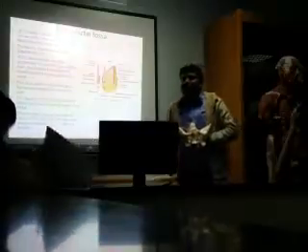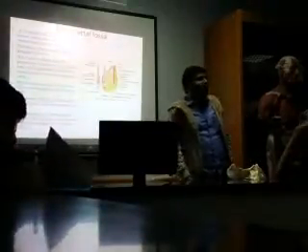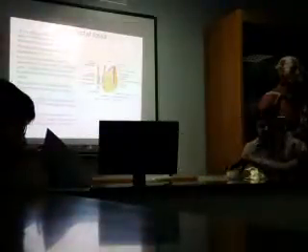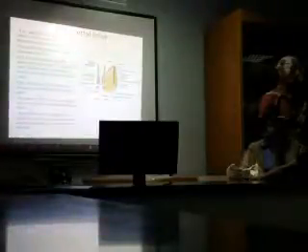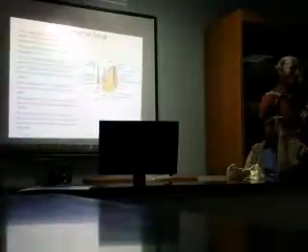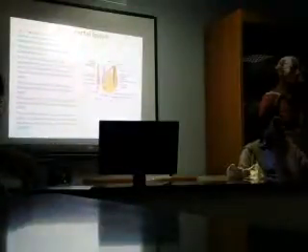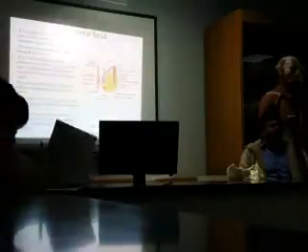The pudendal canal contains the internal pudendal vessels, that is, the internal pudendal artery and internal pudendal vein, and the internal pudendal nerve. So what are the contents of the pudendal canal? The internal pudendal vessels and the internal pudendal nerve.